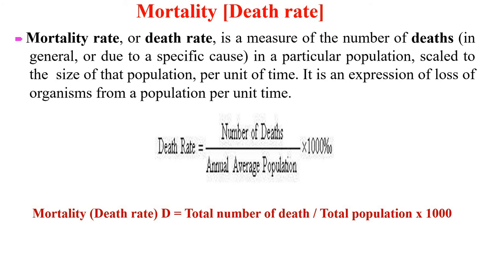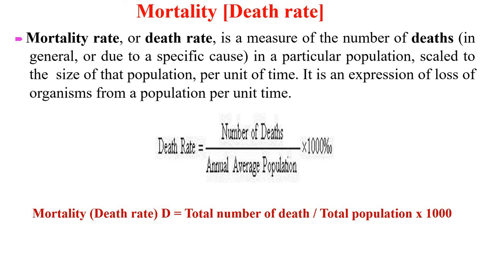It is an expression of loss of organisms from a population per unit time, due to number of deaths due to a specific reason, which is given by a formula.